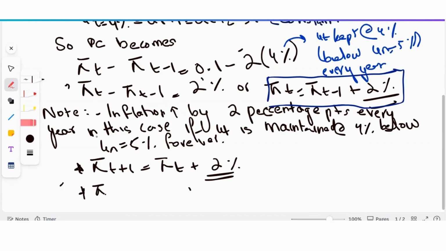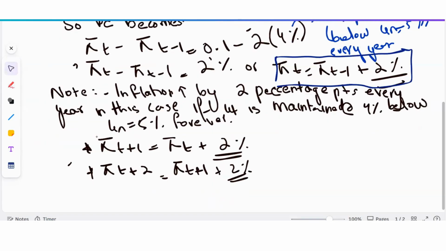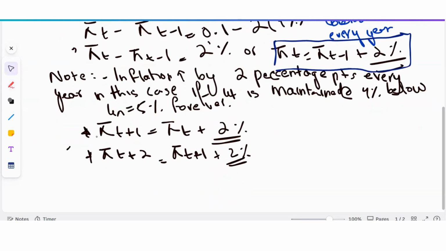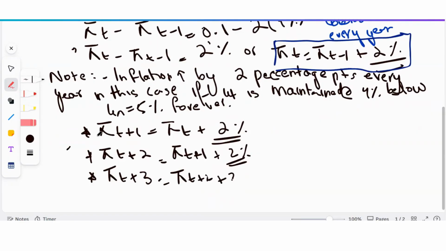And we know pi t plus 2, if we forward this by one period, would be equal to pi t plus 1 plus 2%. And if we further forward this, then pi t plus 3 is equal to pi t plus 2 plus 2%.